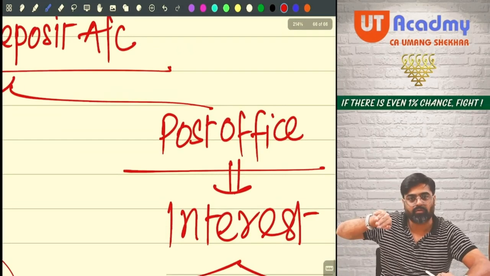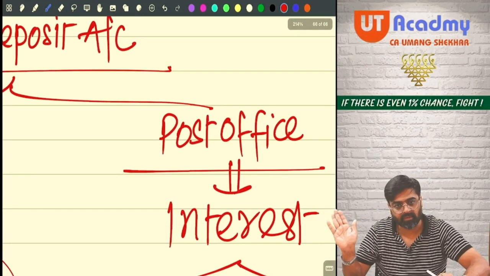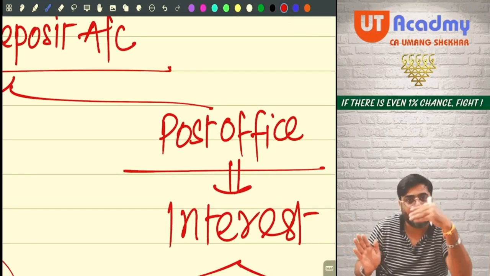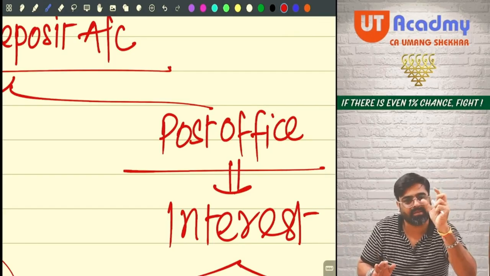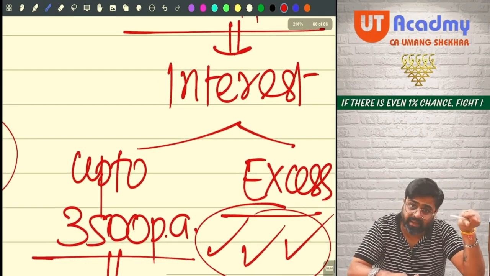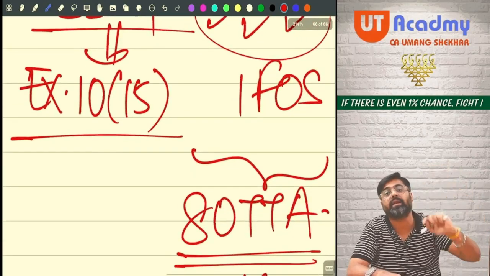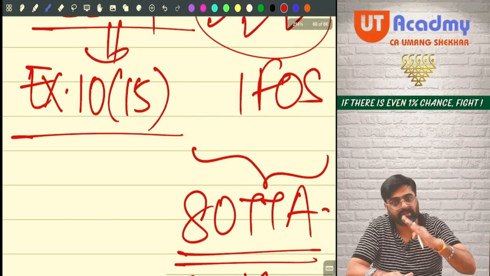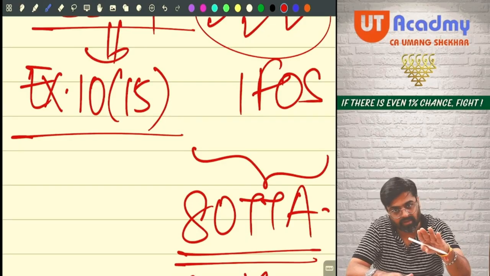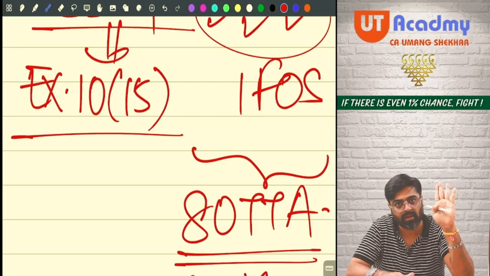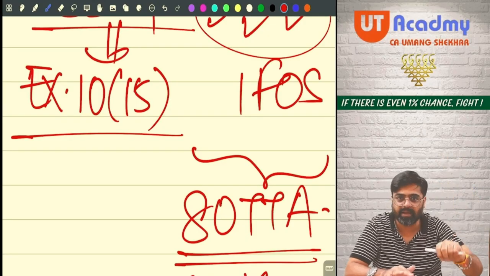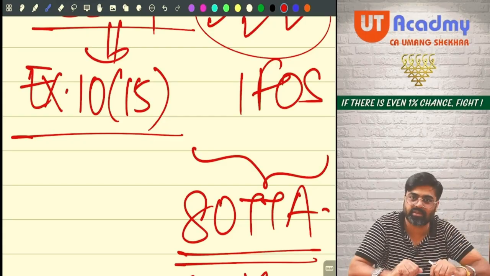Then first 3,500 is fully exempt. Out of that, the balance, the excess, will be taxable, and that excess can also be taken as a deduction under 80TTA. So first take the exemption, and whatever balance remains you show taxable and claim the 80TTA deduction, if only this interest is there.